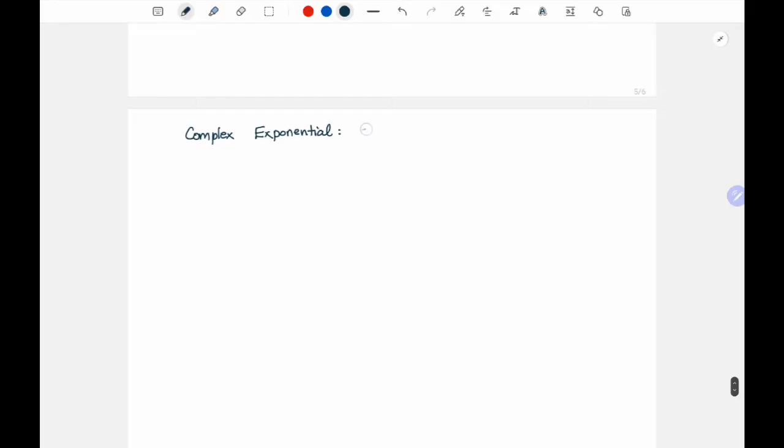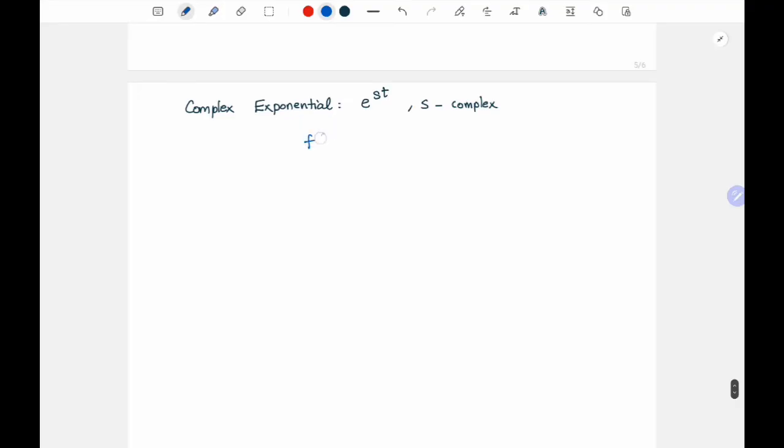So we denote this by e power st, and s is a complex number. So this function itself is f of t equals e power st. And if s is complex, then we can write it in terms of two real numbers, sigma plus j omega.